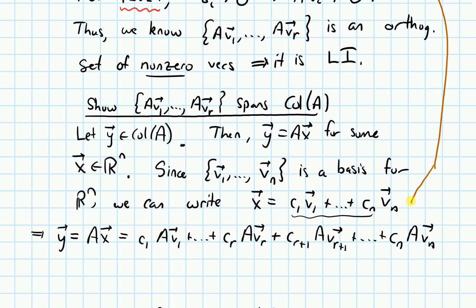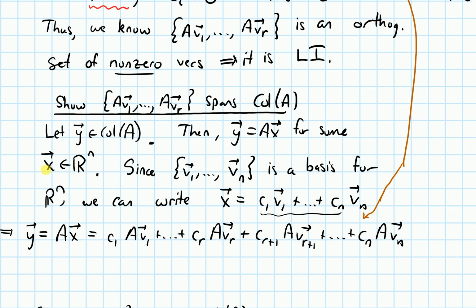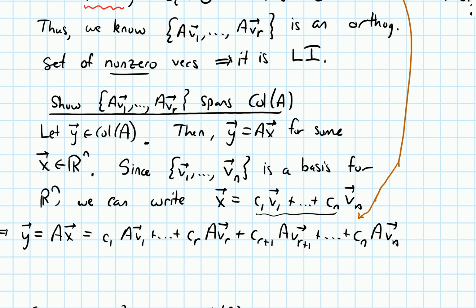Okay, so if we apply this to our argument here, in this proof, sigma i equals 0 for i greater than r. Because in this proof, we're saying that there are r non-zero singular values. And those have to be the first r because the singular values are ordered in descending order.